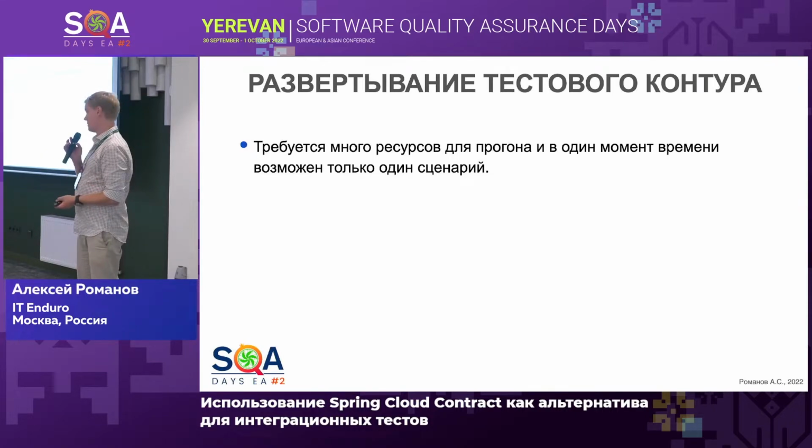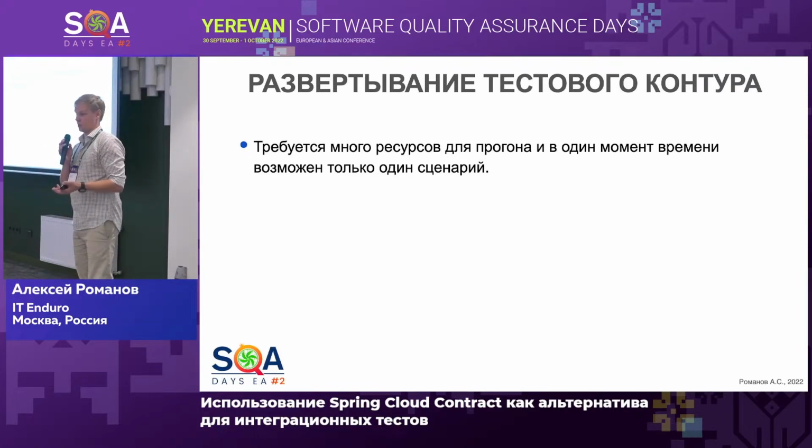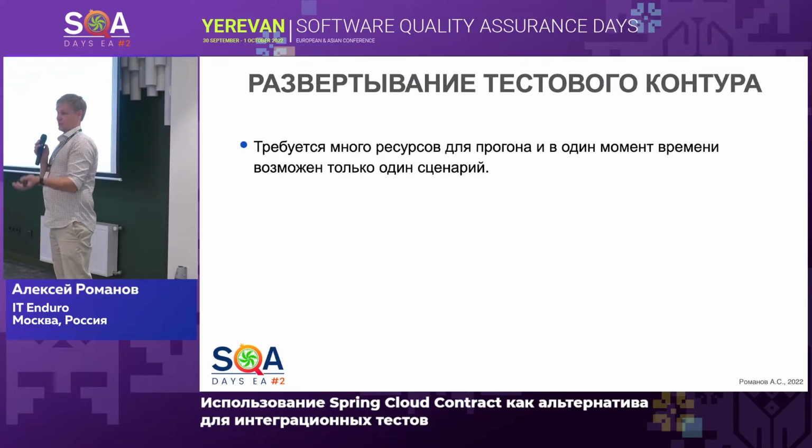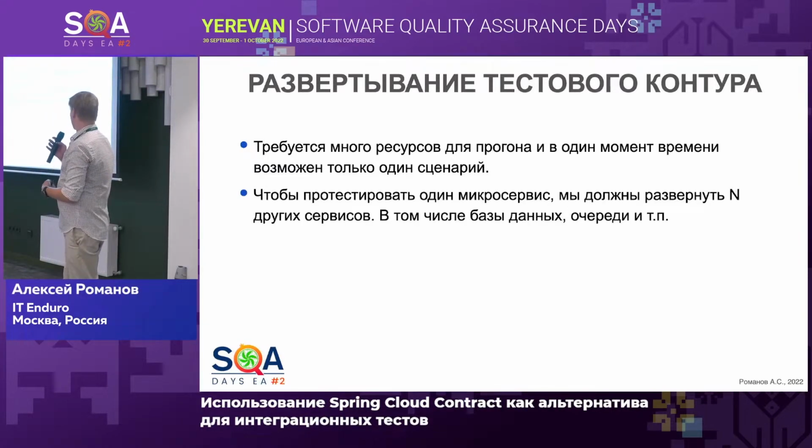If you have 20 microservices, you would have to do 20 machines, and that's quite an expense. And if something breaks down, if there's a bug, you can't stop the contour, you'll have to give it to developers so they would know.